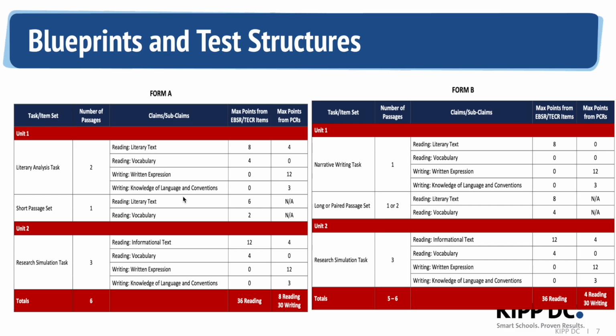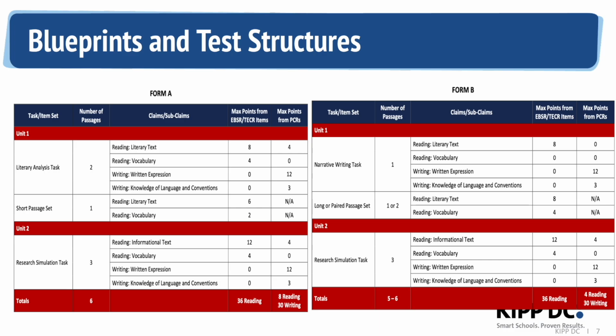They will also have a short passage set to answer from. This short passage will not have an open-ended question. Then they will take the research simulation task. That includes an informational text, and it tests students again in multiple choice and tech-enhanced questions, vocabulary, and an open response.